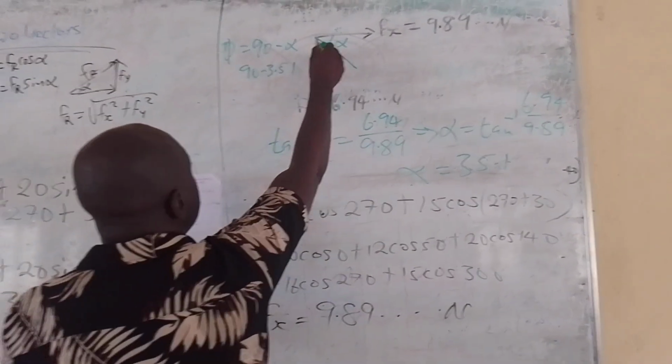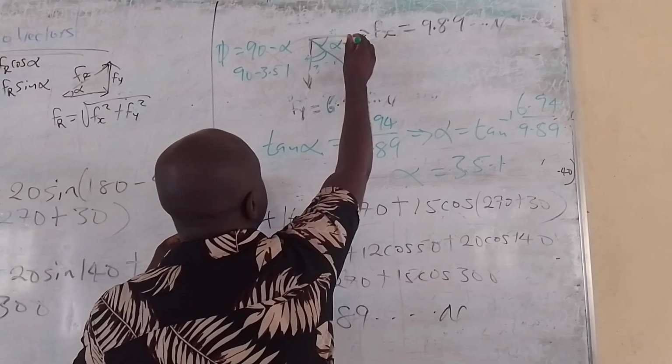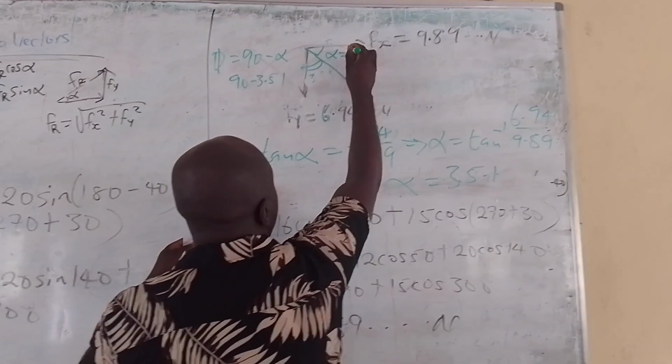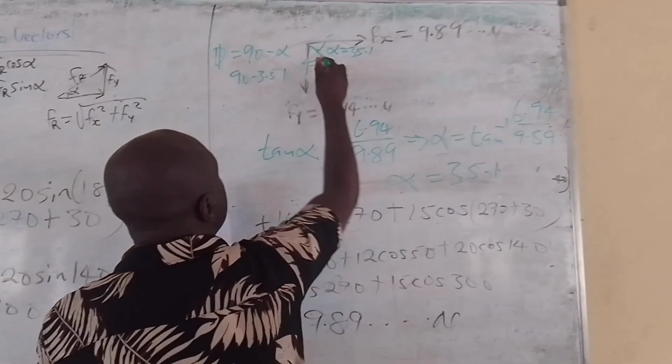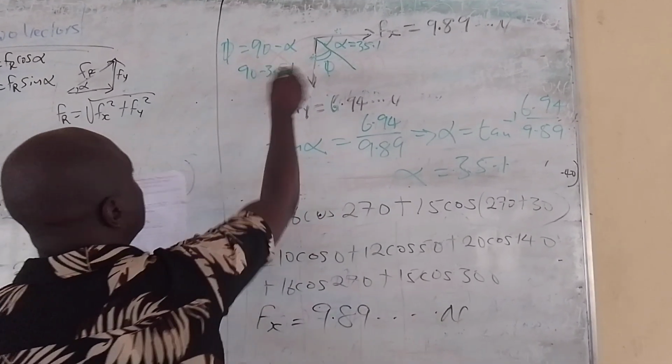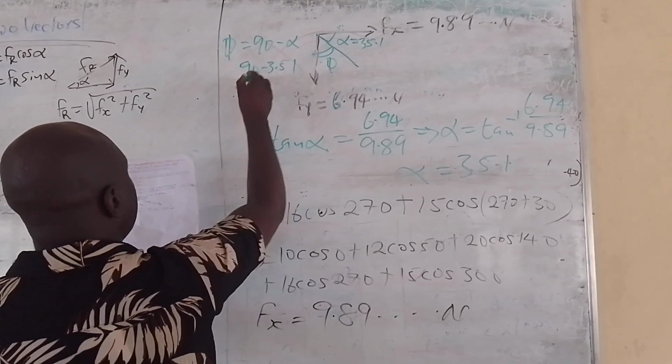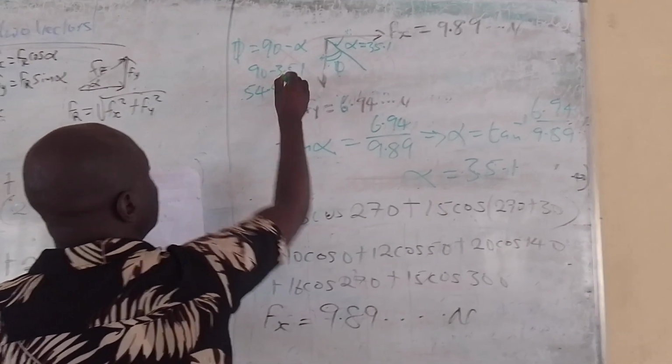So if you want to know this angle, which is our phi, 90 minus alpha will give us something like 54.9 degrees.